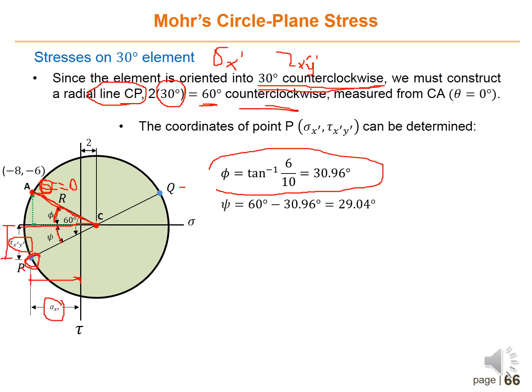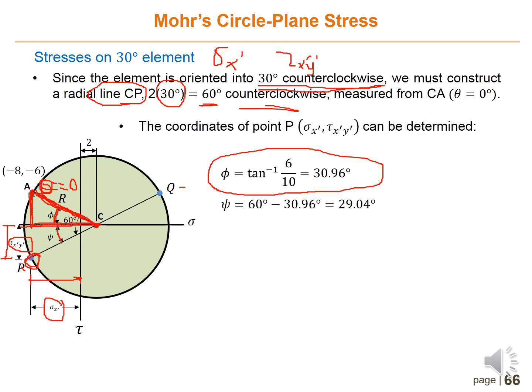Since you know this triangle, you know the value of R, the vertical distance from point A to point C, and the horizontal distance from point A to point C, which is 10.